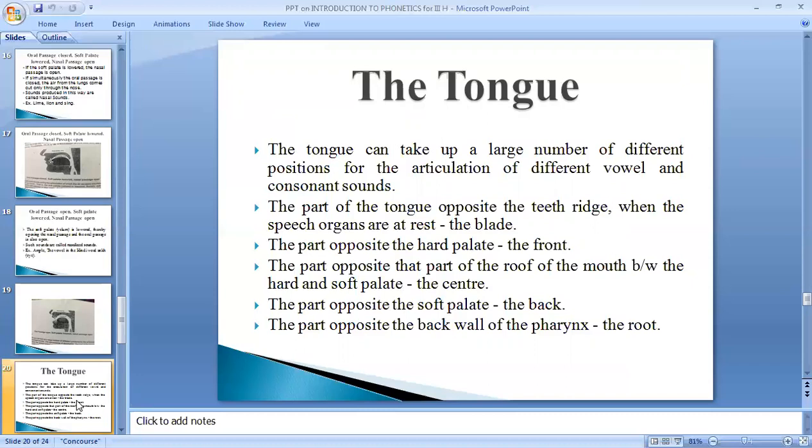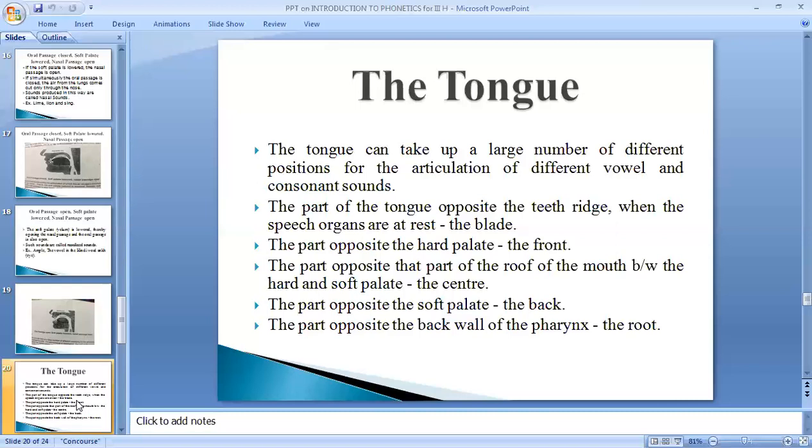The part opposite the hard palate is called the front. The part opposite the roof of the mouth between the hard and soft palate is called the center. The part opposite the soft palate is called the back. And the part opposite the back wall of the pharynx is called the root.